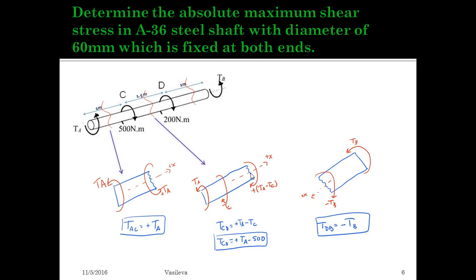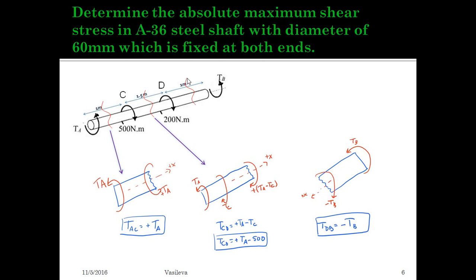Once again, everything that points to the positive X is where your thumb points, and you curl your fingers, so you know this direction is positive. That's our sign convention. So this unknown is going to be TA minus TC, and it's positive. For section CD, we have TA minus TC, so it's TA minus 500.